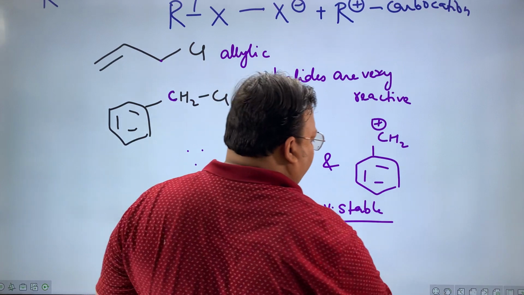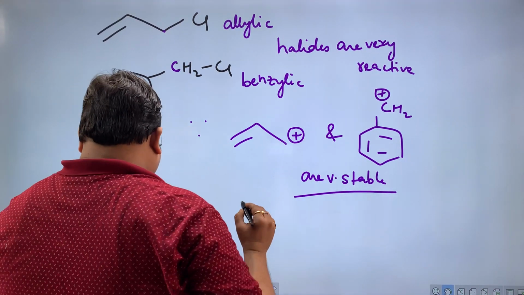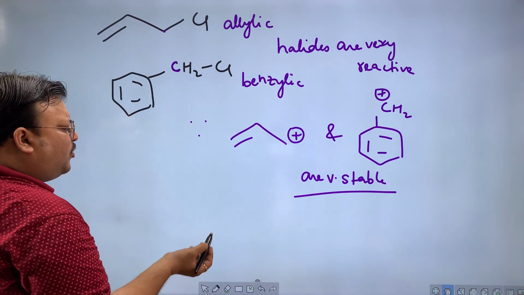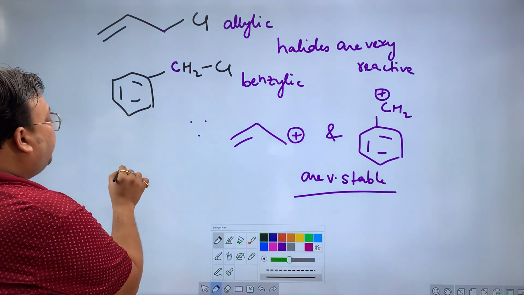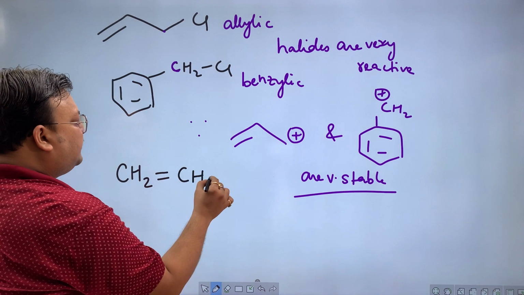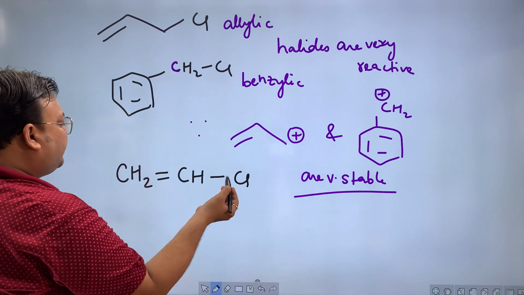Two more types of halides which I want to talk about right now. If it's attached to the carbon next to a double bond, it is called allylic. If it is attached to the double bond carbon itself, it is called vinylic. This is vinylic; allylic is next to a double bond.